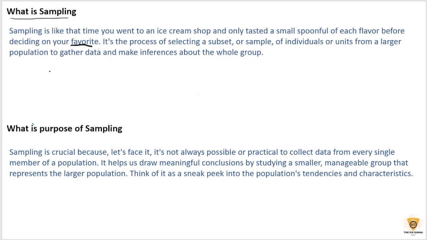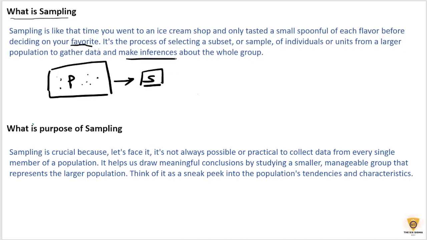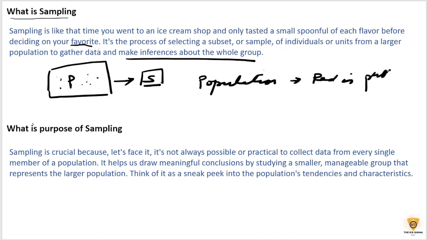तो अगर मैं कहूँ कि आपके पास ये एक एंटायर पॉपुलेशन है, जिसको हम पी से डिनोट करें, उसमें से आपने कुछ सैंपल्स ले लिए, जिसको हम एस से डिनोट करते हैं, एंड देन यू गो अहेड एंड मेक इन्फरेंसेस अबाउट द होल ग्रुप कि मैं बोलूँ कि पॉपुलेशन में से रेड इज द मोस्ट prominent one, right?